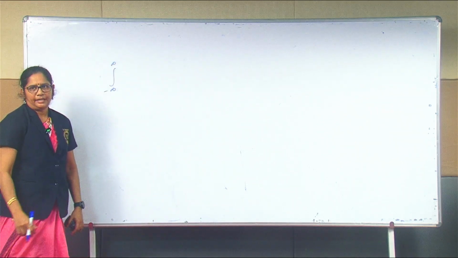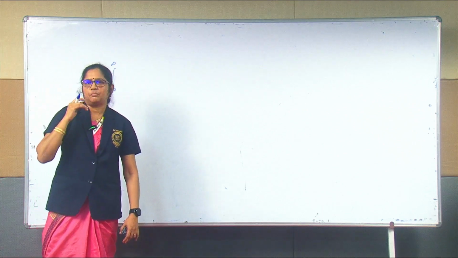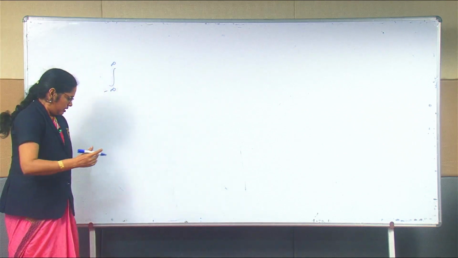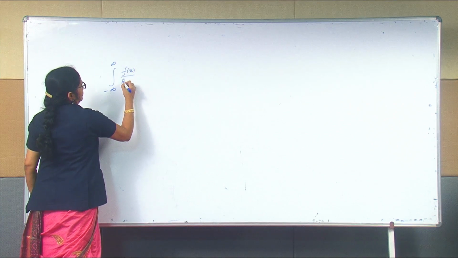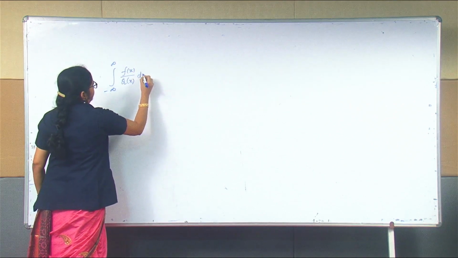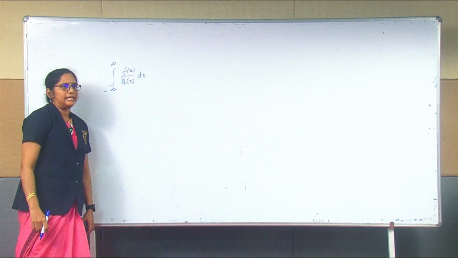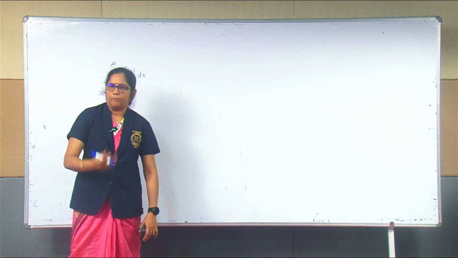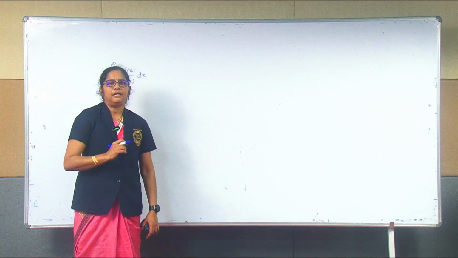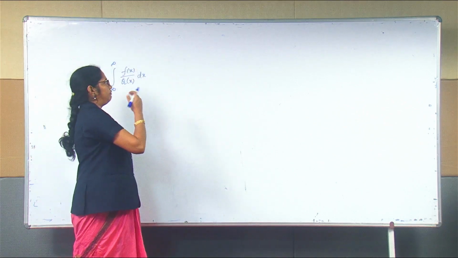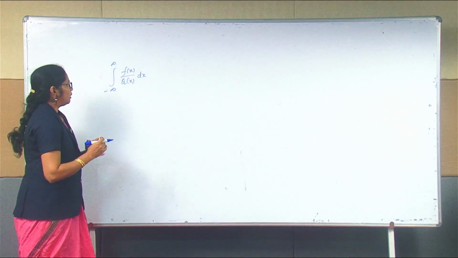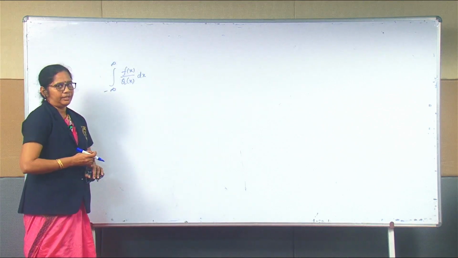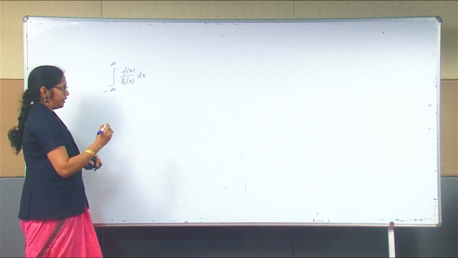That indefinite integral, that is the limit is minus infinity to infinity, a polynomial f of x by q of x dx. This also we can convert into a complex number. By applying Cauchy residue theorem, we can find the answer for this. How? Here there are certain conditions.